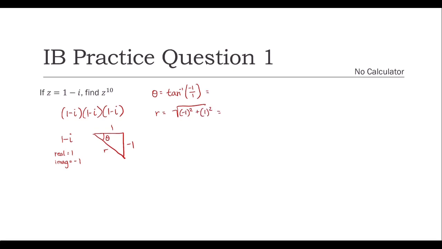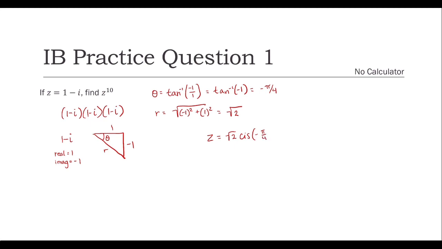So our theta value is the inverse tangent of -1, which is -pi/4 radians. And then our radius is going to equal the square root of 1 plus 1, which is the square root of 2.